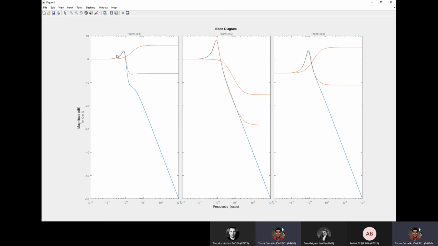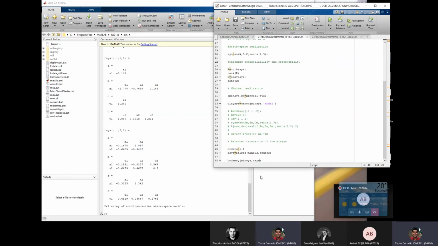Look, it's also the same with the first order approximation, which is ridiculously looking. This is the first order approximation. So this is very interesting.